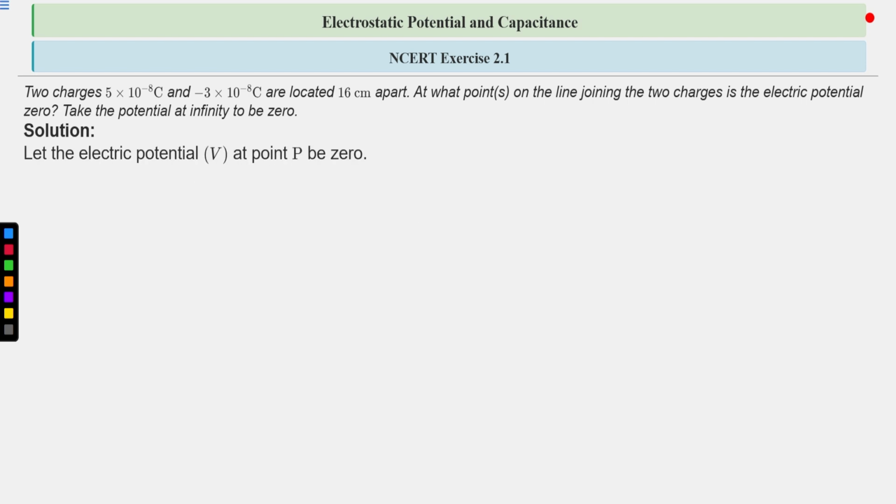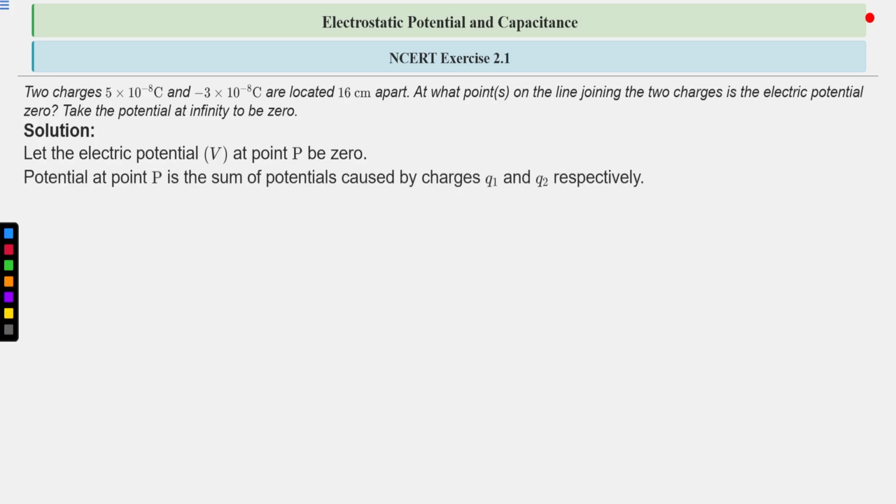Let the electric potential V at point P be 0. Potential at point P is the sum of potential caused by charges Q1 and Q2, by this positive charge and by this negative charge. It is the net potential at this point due to both charges.